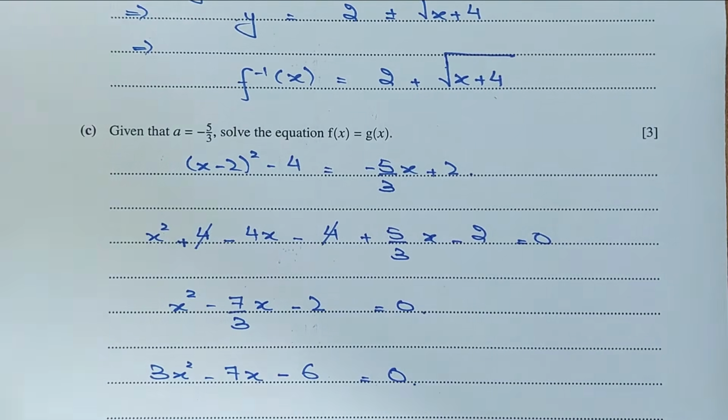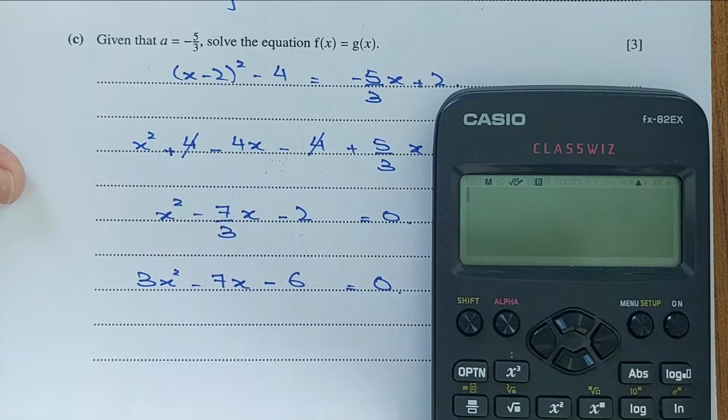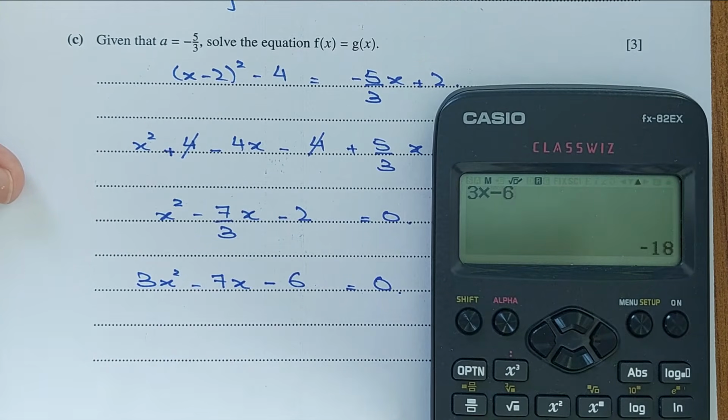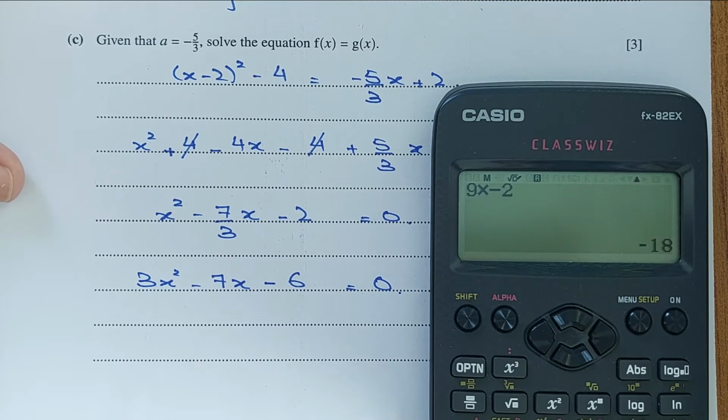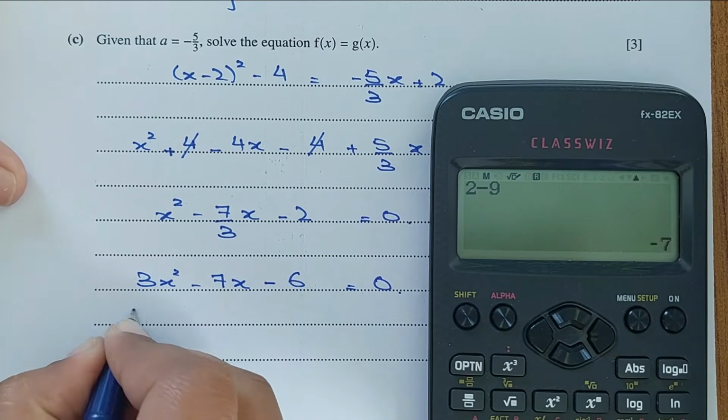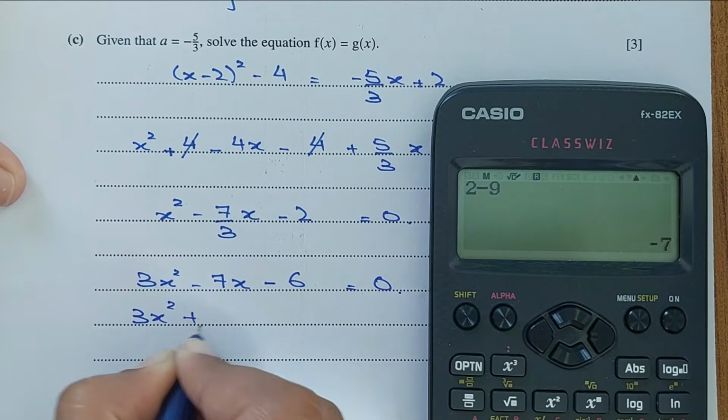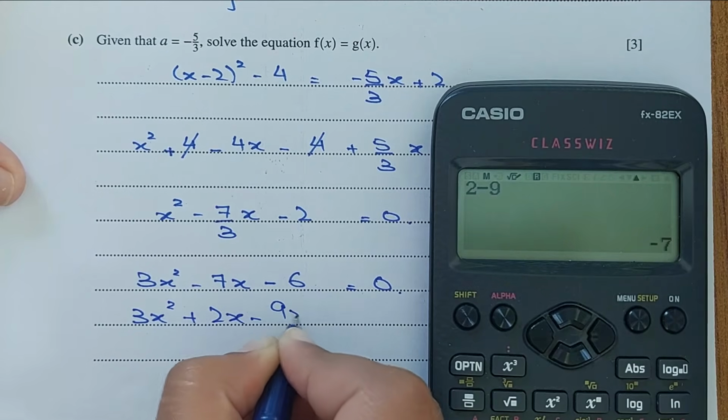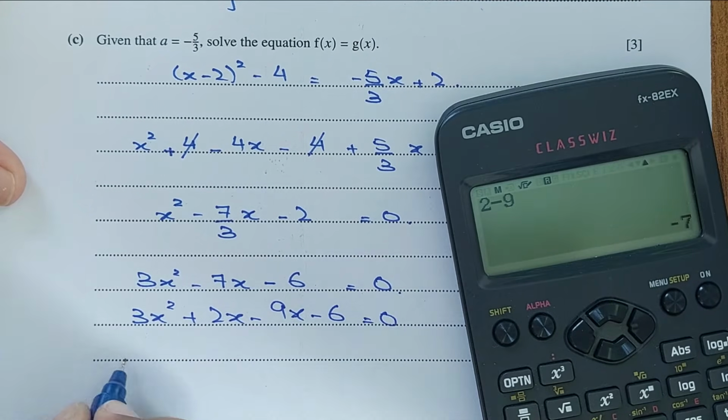Let me factorize this. Okay, so we have 3 times -6 is -18, and 2 times -9 is -18, and 2 minus 9 is -7. So 3x squared plus 2x minus 9x minus 6 equals 0.